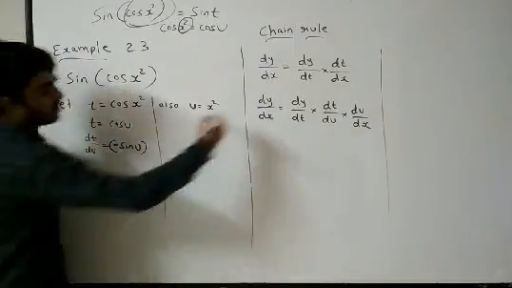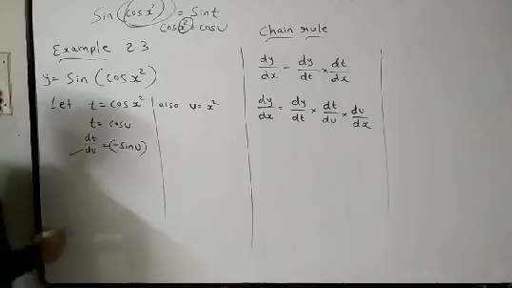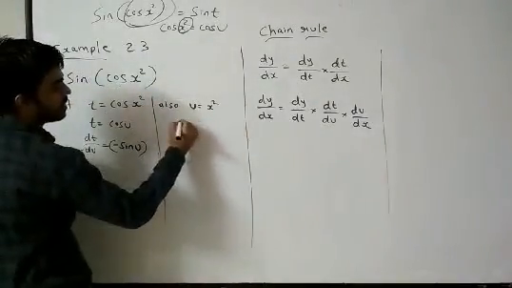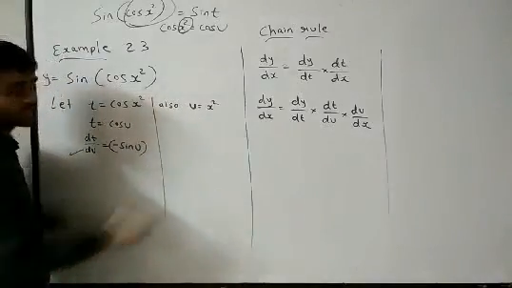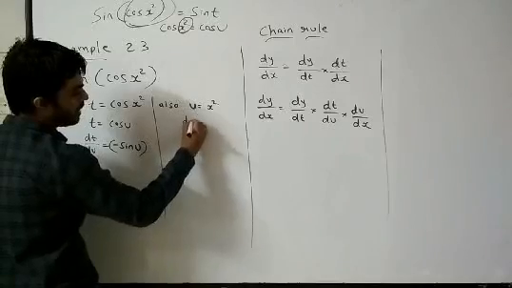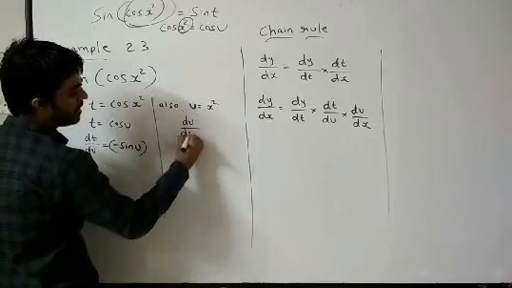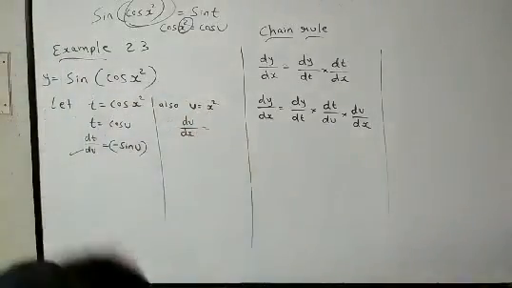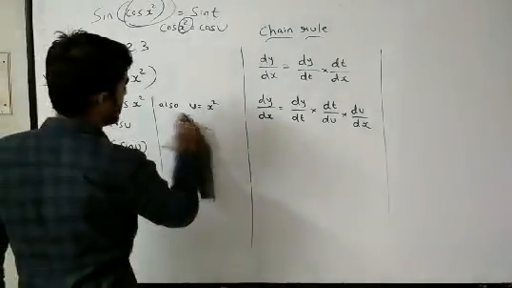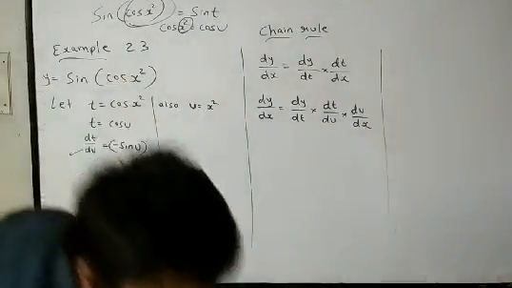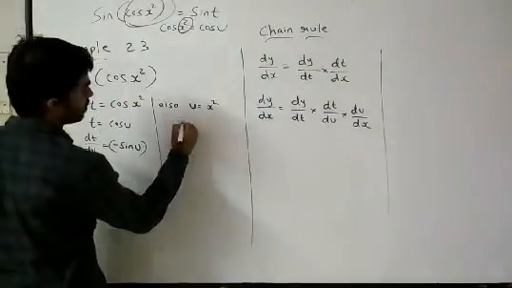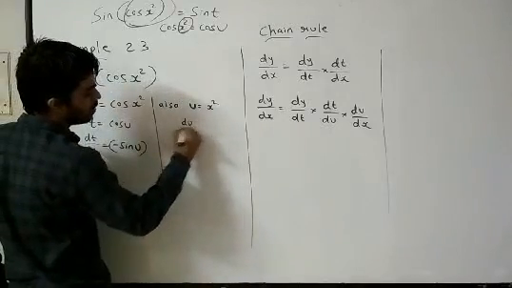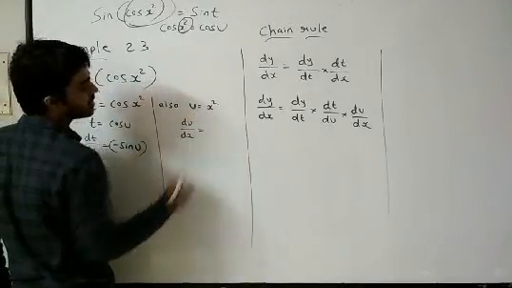Clear? So one we have completed. Now we want du by dx. Here u is equal to x square, so differentiating with respect to x on both sides, du by dx is equal to the derivative of x square.